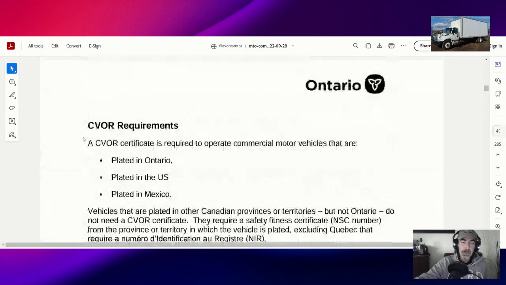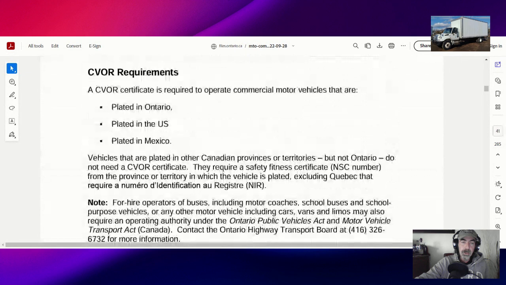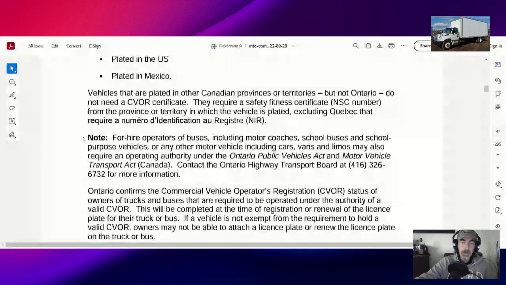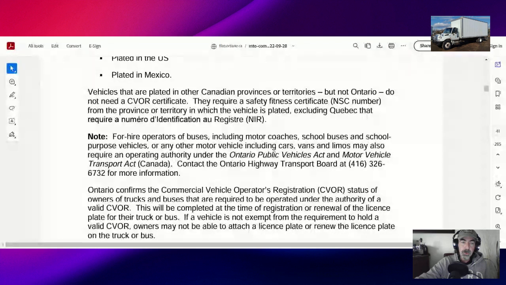CVOR requirements. A CVOR certificate is required to operate commercial motor vehicles that are plated in Ontario, plated in the US, plated in Mexico. Vehicles that are plated in other Canadian provinces or territories, but not Ontario, do not need a CVOR certificate.